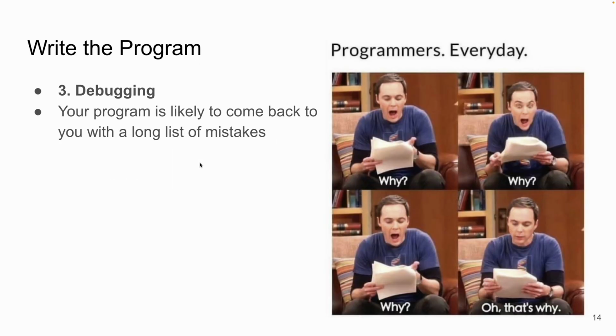And the third step, I guarantee that for over 90% of the time, or 99% of the time, what you need to do is debugging. Your program is likely to come back to you with a long list of mistakes, error messages, and warning messages here. I really like this meme, which is the everyday life of the programmer.